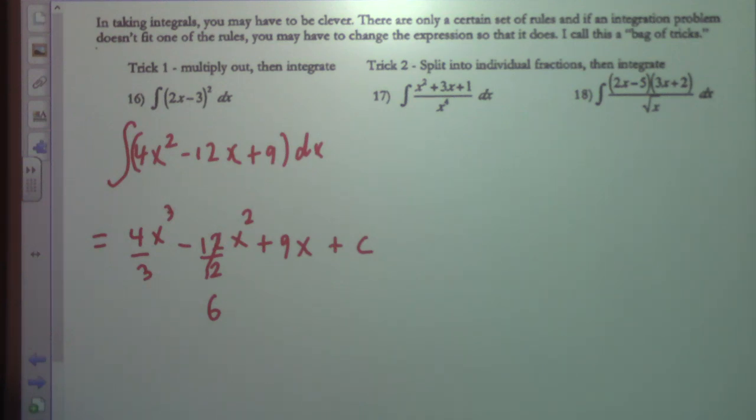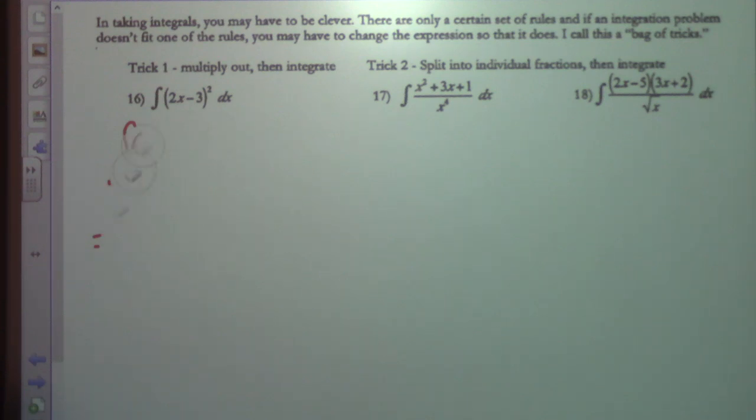Okay. Now the next technique, and we've already done this just a little bit. I'm erasing this just to make room. The other thing we have here is split into individual fractions, then integrate.